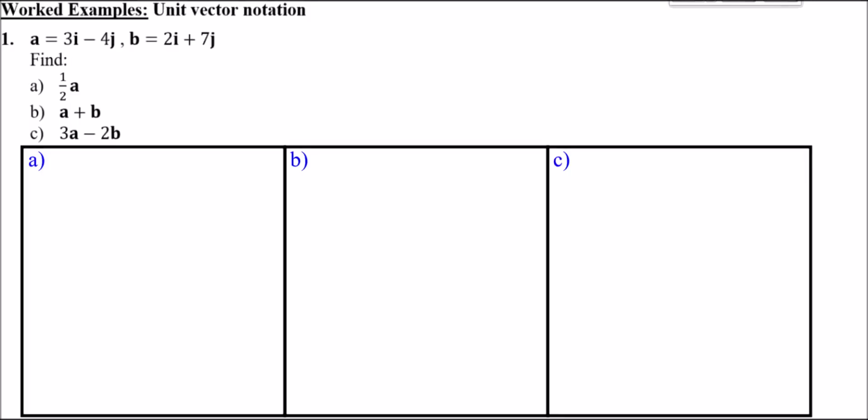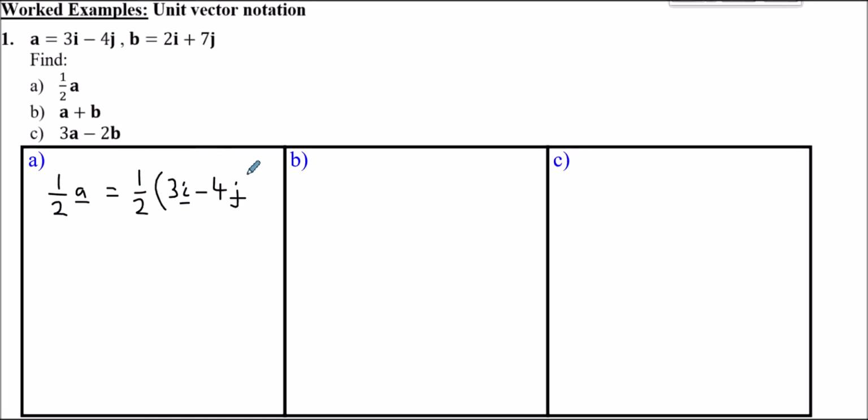So here we've got a worked example just going through this with a bit more depth. Define A as 3i minus 4j and B as 2i plus 7j. First of all, we need to find half A. So for part A, finding half A, half of A is just simply half of 3i minus 4j.